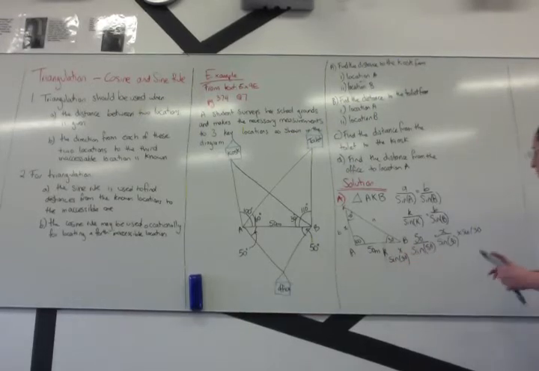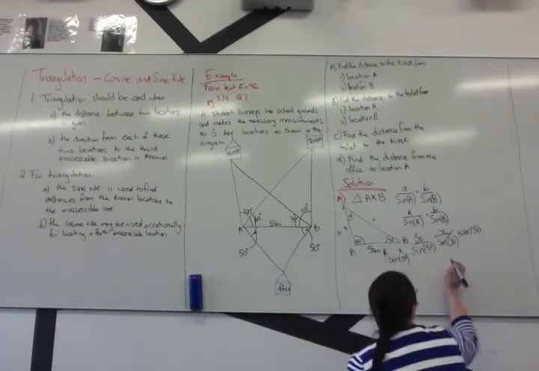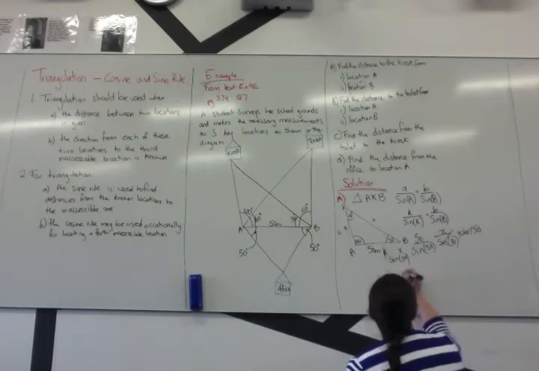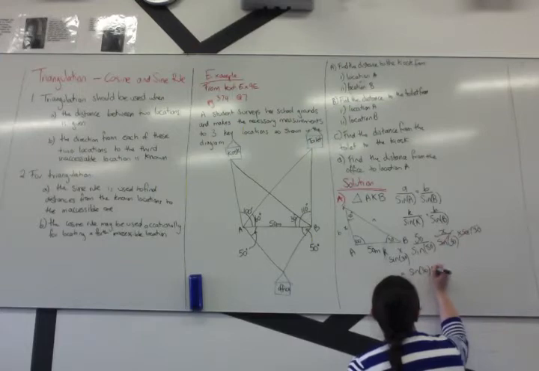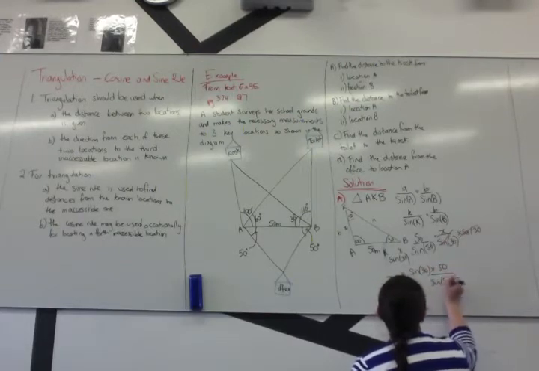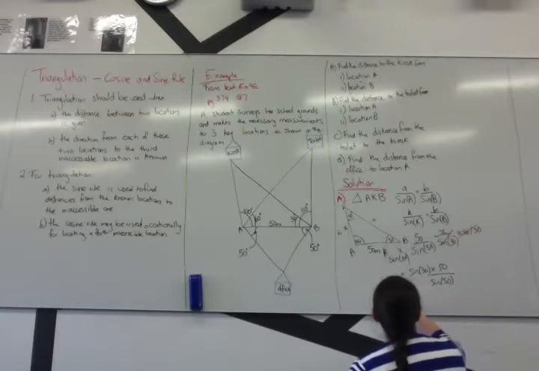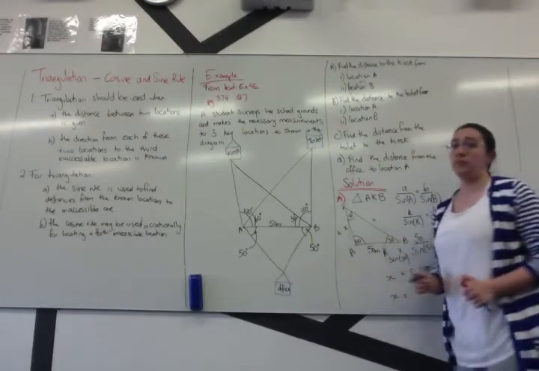So multiplying cancels out the dividing, and we end up with our distance x is going to be the sine of 30 times 50 over the sine of 50. Into your trusty calculator, and what do you get?